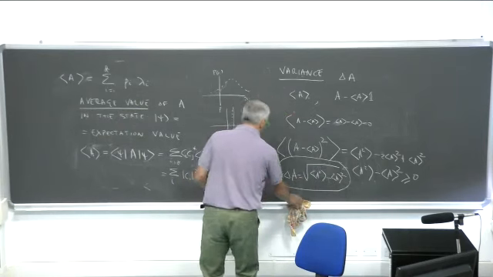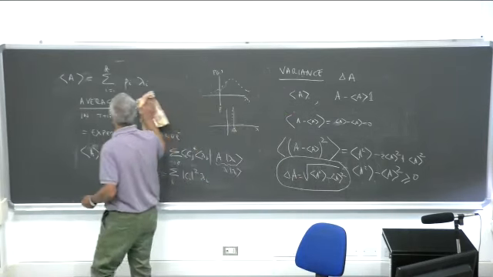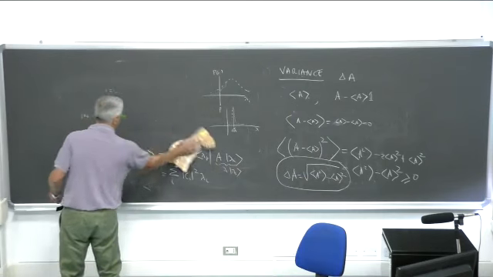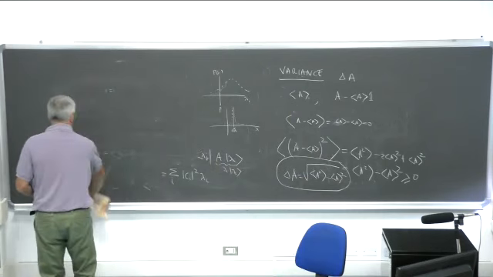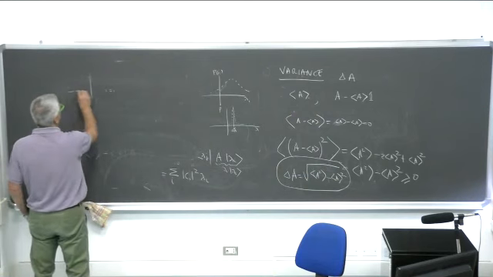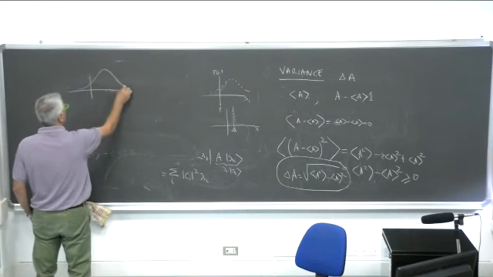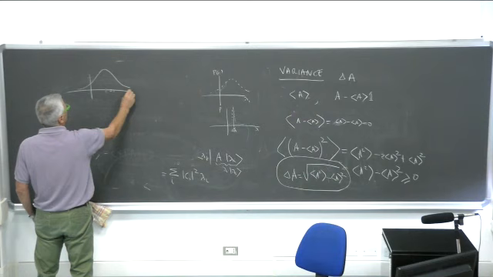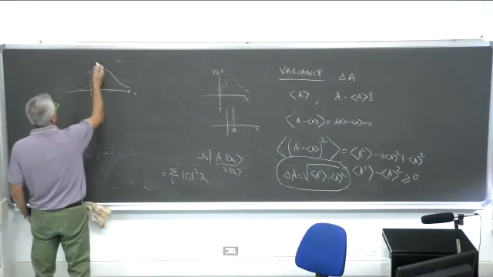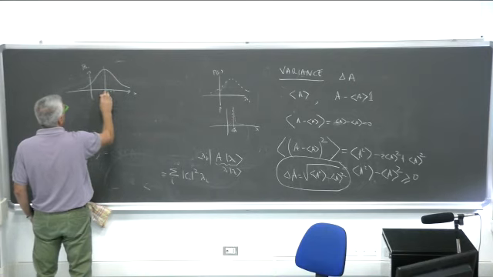Think of a Gaussian distribution. You have something like this, X, this is P of X, probability. So clearly the expectation value, the average value of X is this here.